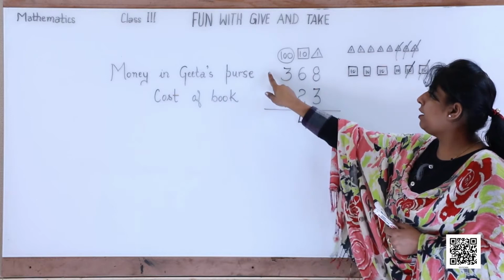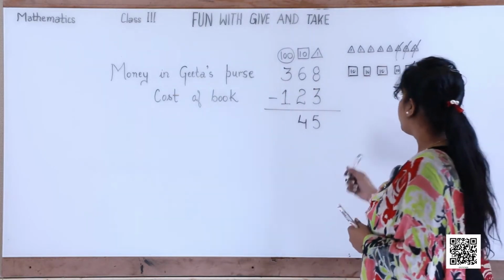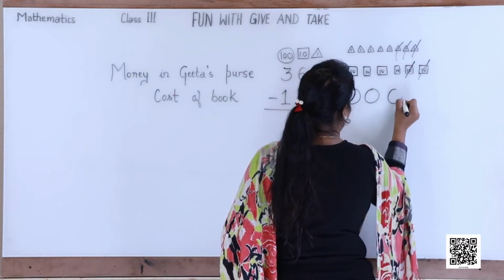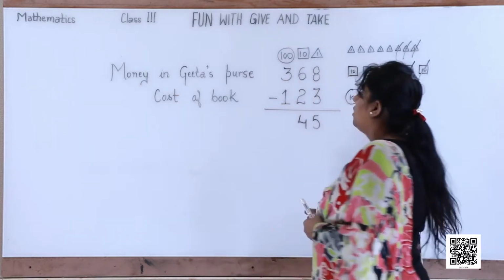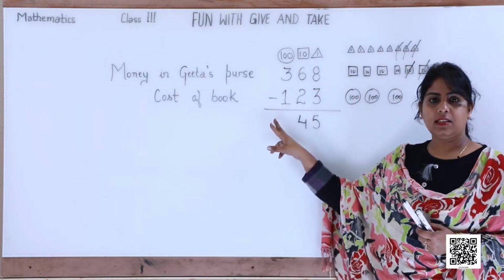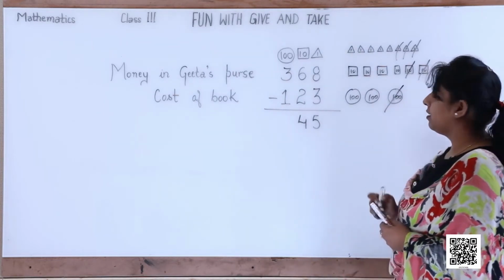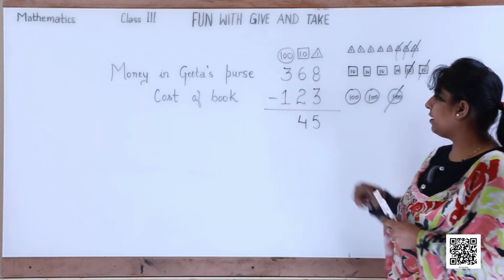Now how many hundreds do we have? Yes, 3. So we'll draw 3 hundreds. 1, 2 and 3. Right? So how many hundreds are we going to cancel? 1. Very right. Let's cancel 1. How many hundreds are left? Yes, 2 hundreds are left.